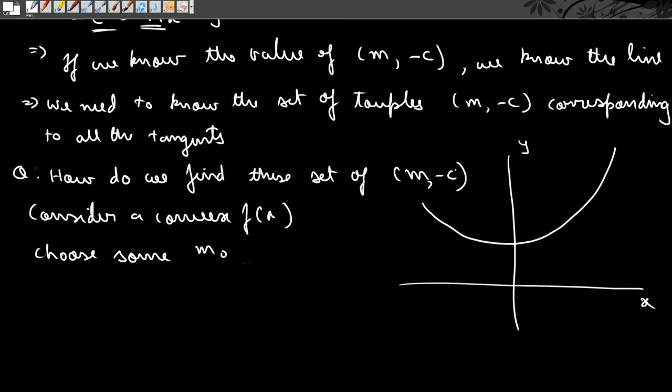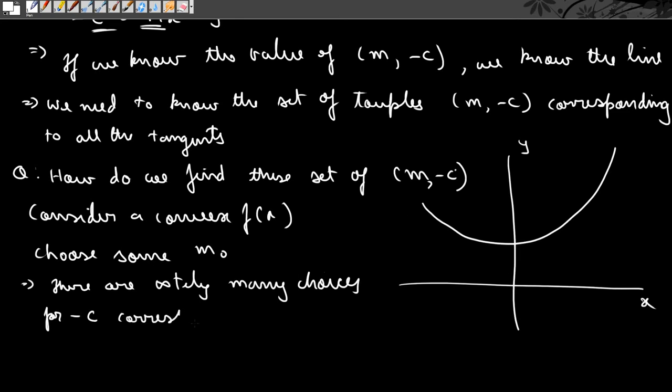So once we choose this, there are infinitely many possibilities for the value of minus c, okay. So choose some m naught. This implies there are infinitely many choices for minus c, corresponding to infinitely many parallel lines. Okay, so what do I mean by that?